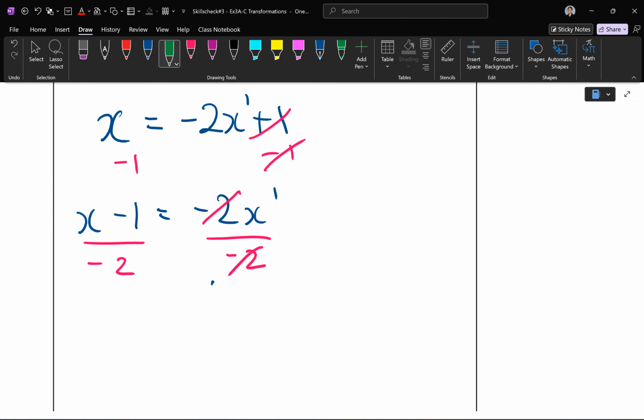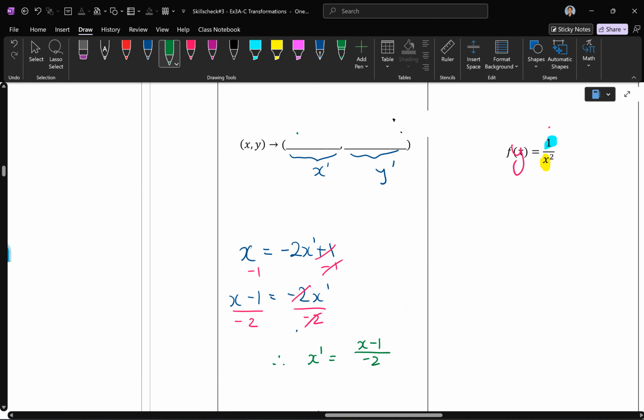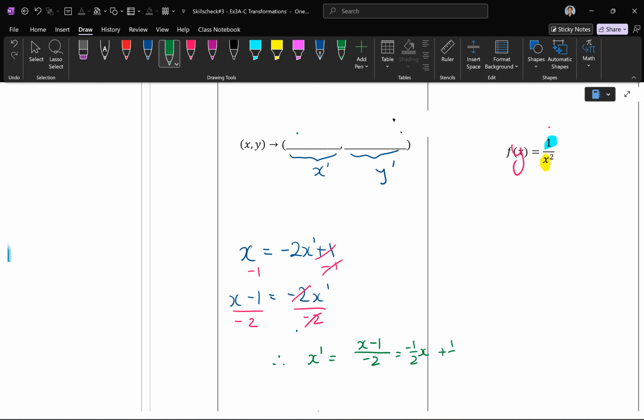And so what do you get? Therefore, x dash is equivalent to x minus 1 divided by negative 2. If you split up the fraction, that's essentially the same thing as saying negative half of x and then plus half. I'm just splitting up the fraction, yeah? Double negatives is positive half, and then 1 divided by negative 2 is negative half x.